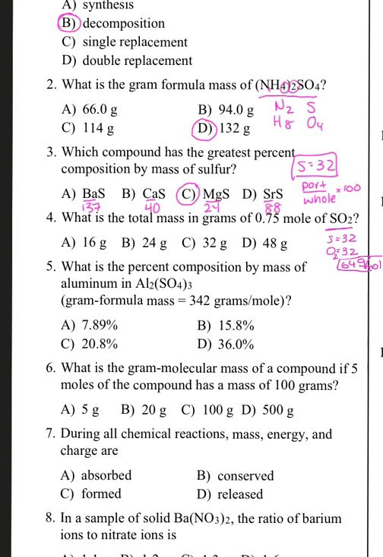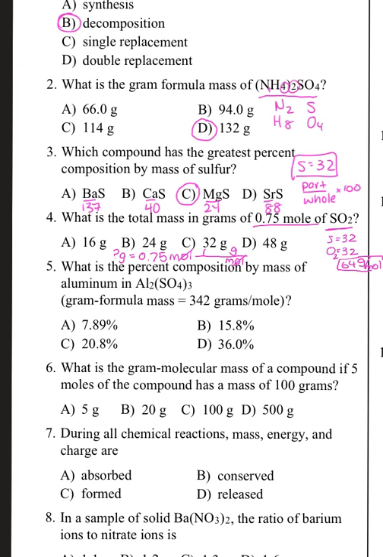Okay, we're going to hold on to this information and set up our dimensional analysis. So the question is asking to find the total mass in grams. So how many grams is equal to 0.75 moles? Okay, now conversion factor, we have to put moles on the bottom so that moles can cancel moles, and we're going to put grams on the top.